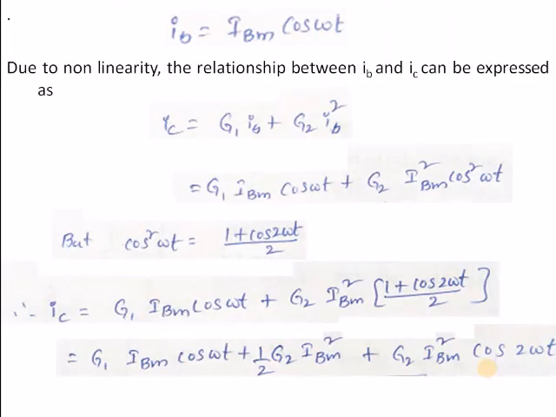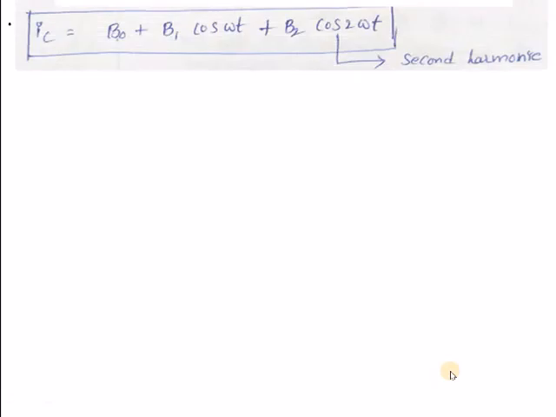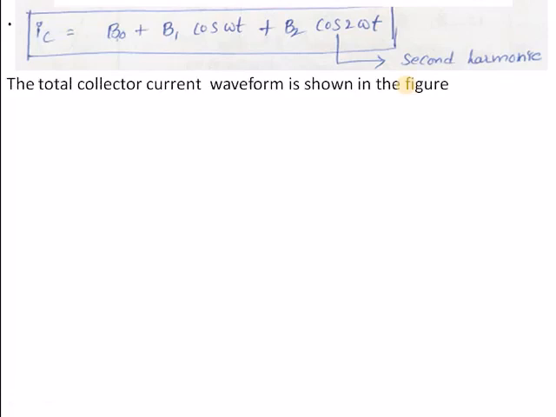So we are assuming that 1 by 2 G2 IBM square as B naught, G1 IBM as B1, and 1 by 2 G2 IBM square as B2. Therefore, the equation becomes IC is equal to B naught plus B1 cos omega t plus B2 cos 2 omega t. So in this equation, the B2 cos 2 omega t is a second harmonic component.